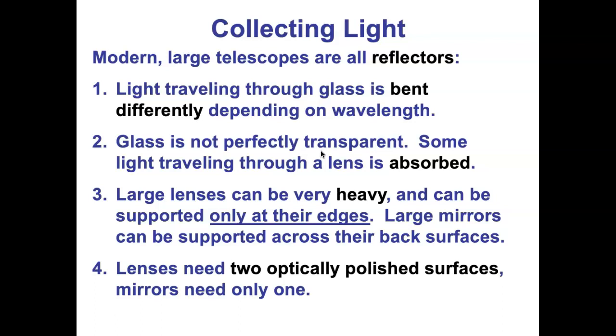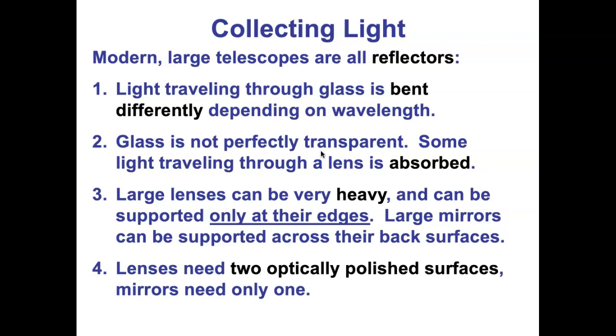So, yeah, these days all the big modern telescopes are mirror based because you can make them bigger, you can make them lighter because you don't need a solid slab of glass. You just need a thin, curved, shiny surface to focus the light.